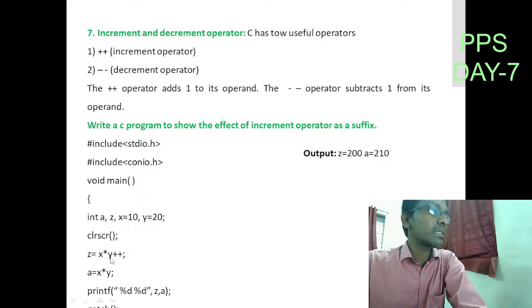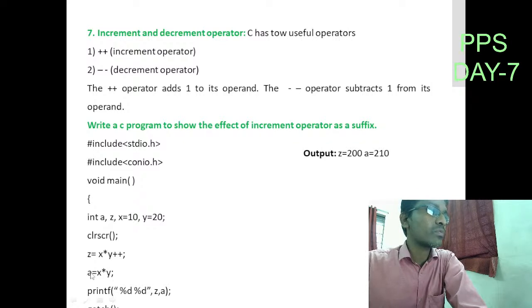So that is y plus plus. I hope you are understanding what I am saying. If it is a post increment operator, first the value is assigned to that expression. Later, if you use the same term in another expression, then the y value is incremented by 1 and that value is assigned to the next term.